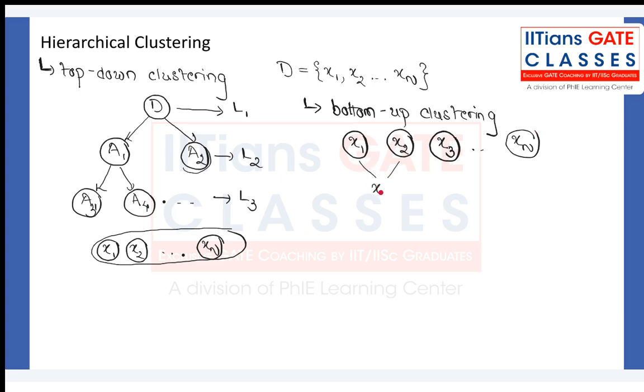Let's say x1 and x2 are similar based on some similarity measure that we will learn; x12 is a merged cluster. Say x3 and x5 are similar; then x3, x5 is the next one. You go on like this, and finally you get the full data set as the final output.